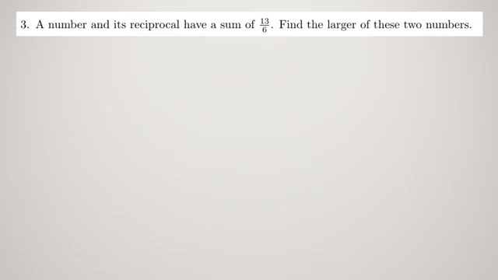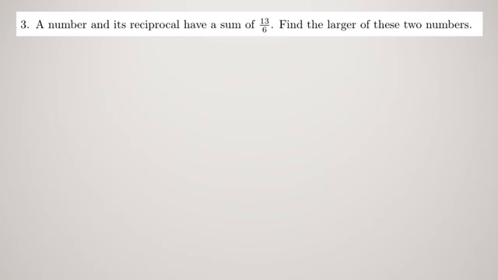So, we are now ready to interpret this sentence, the given problem. Sabi niya, a number and its reciprocal have a sum of 13 over 6. So, meron kang number, tapos may reciprocal. Pag i-add mong dalawa, ang result is 13 over 6.